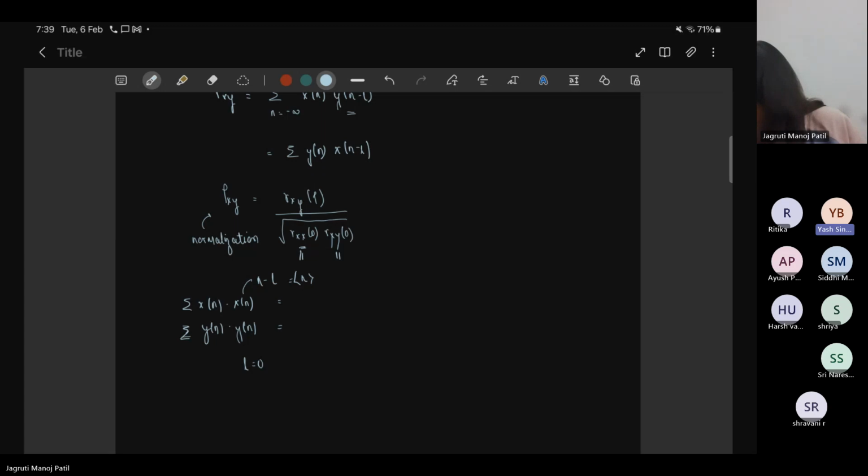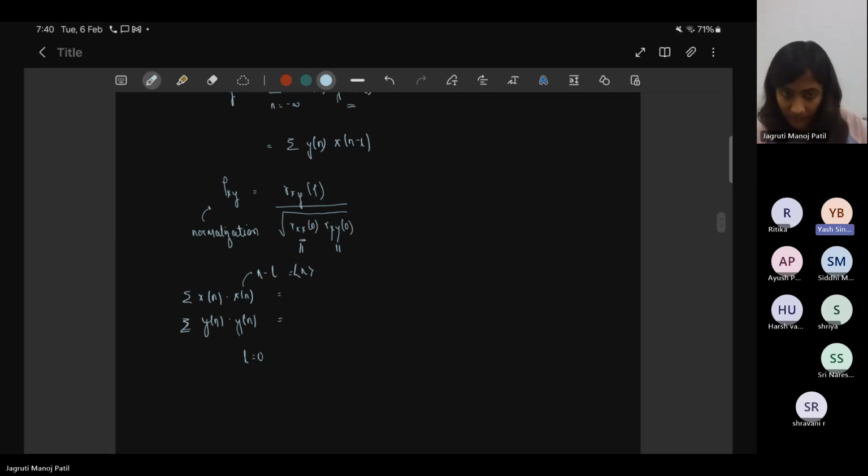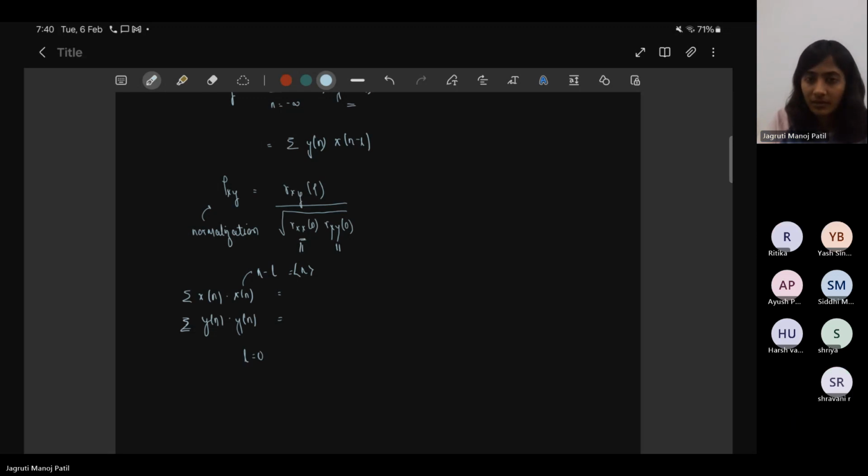My answer is coming 0.9688 something, so approximately 0.97. And the values at 0 are, you computed the normalized one itself. Yes, ma'am. Our XX0 is 30 and our YY0 is 174. Yes, so here you can see the solution also.